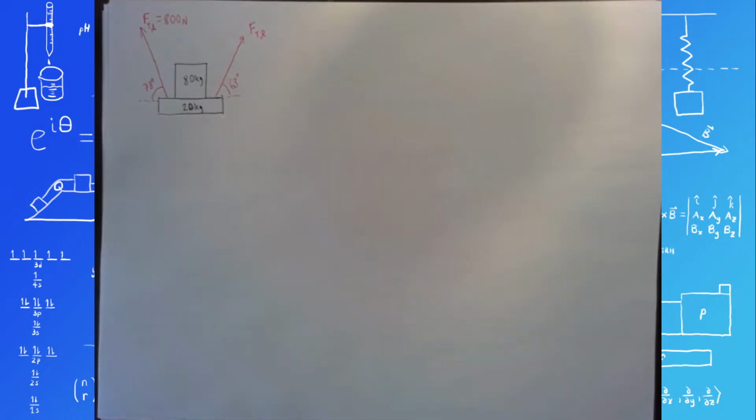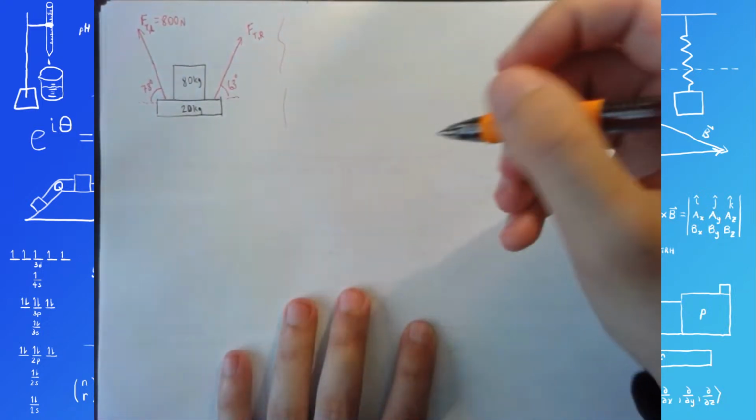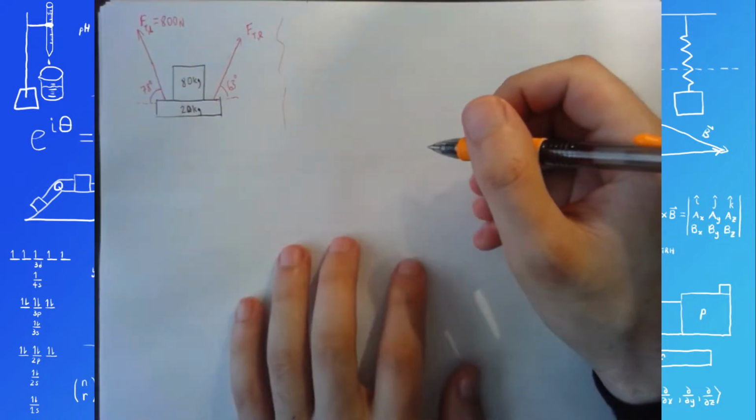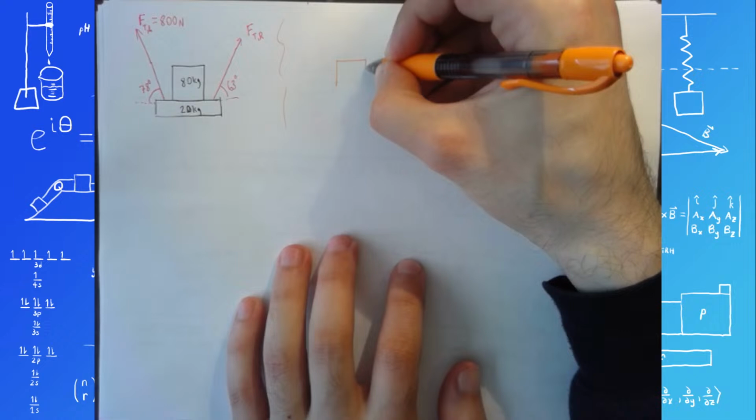Okay, so that's the overall diagram. Now let's draw the diagrams for the individual objects. So for the treasure, we've got an 80 kilogram object.